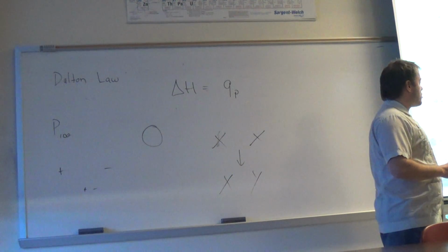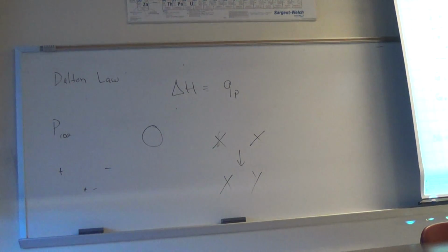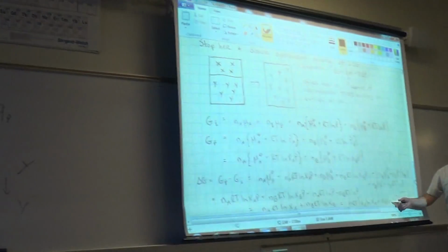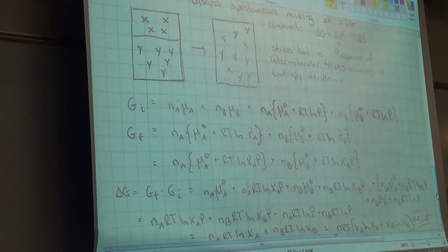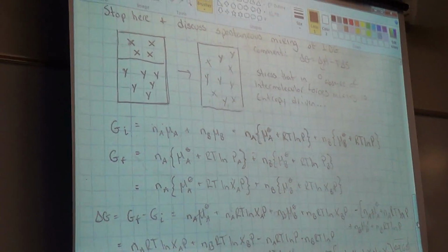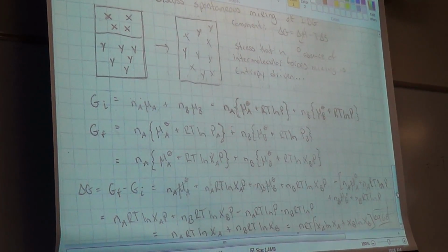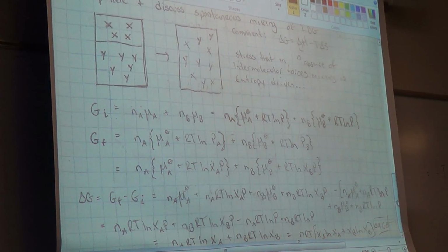So this calculation just kind of shows us that the entropy change for that process, the mingling of two ideal gases, is pretty much the entirety of the delta G. Okay. All right.